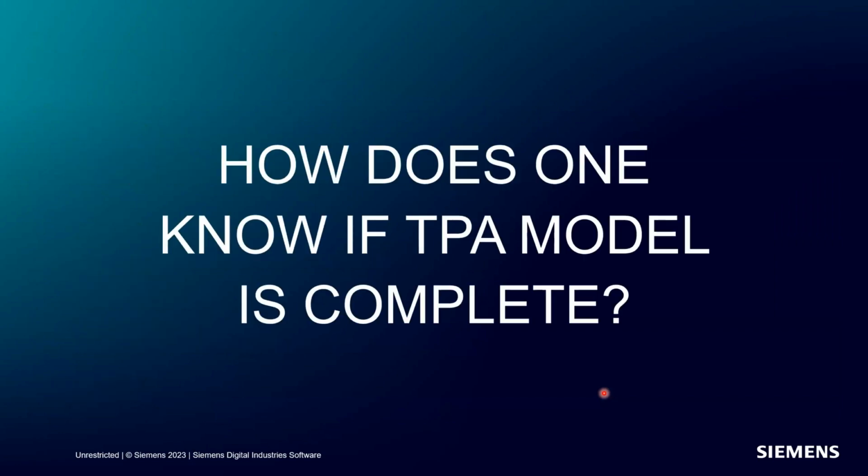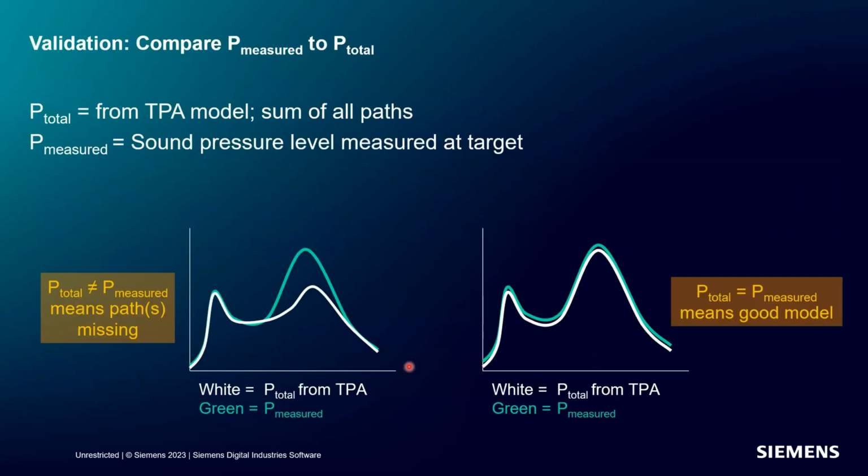Okay. When we sum up all these paths, ideally we should see something like this on the right side here. In the case of something where we're able to test it, the sum of the paths should add up to the total at the operator ear location. So at our receiver locations, we should see a similar amount of vibration from the transfer path and from the actual measurement.